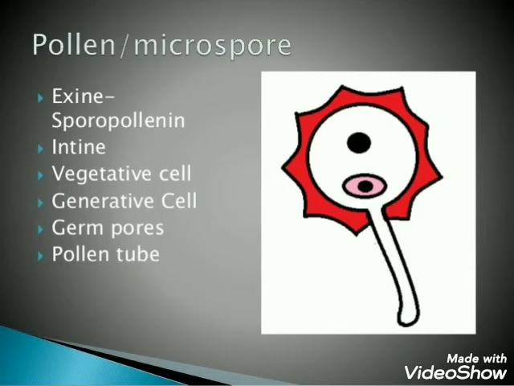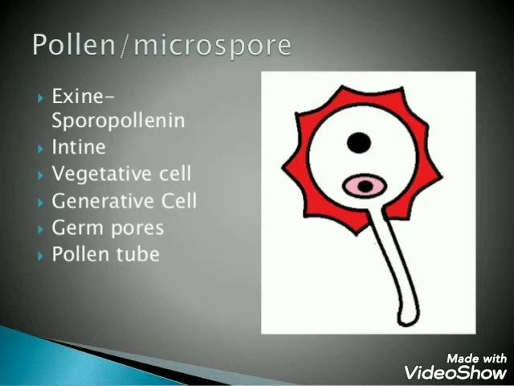Pollen grain develops from pollen mother cell by meiotic division. They represent the male gametophyte. They are generally spherical in structure and possess 2 prominent layered walls. Outer is exine and inner is intine.